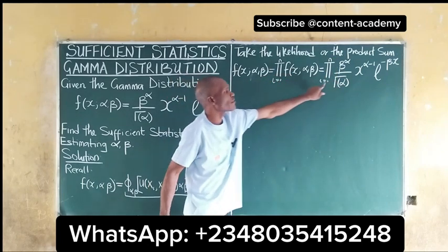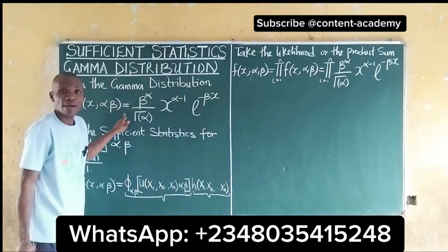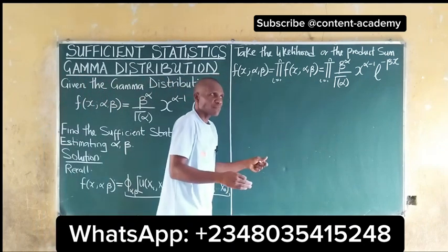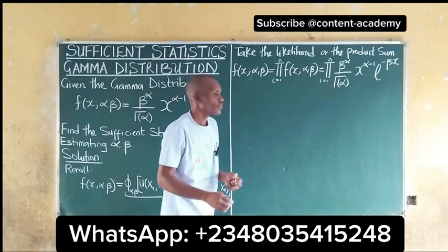So we first take the likelihood function of the distribution given, which is the gamma distribution. When we take the likelihood function, we can now factor out this gamma distribution.